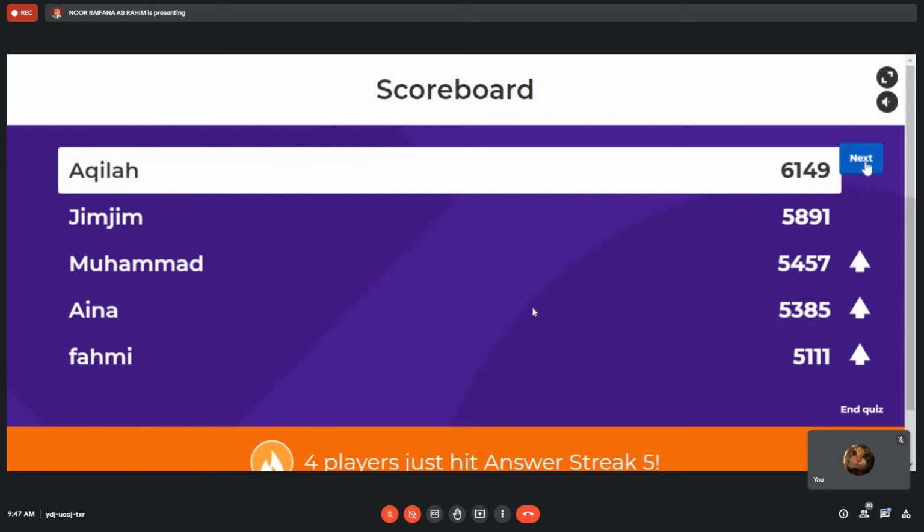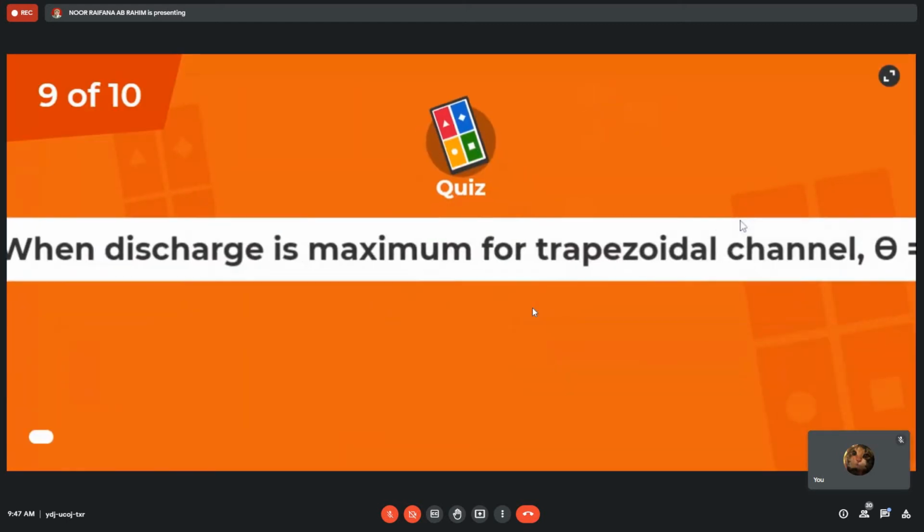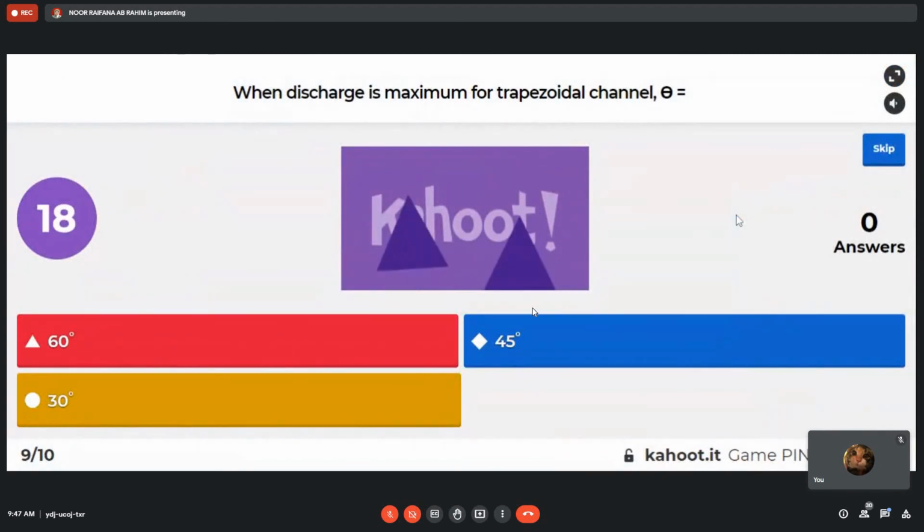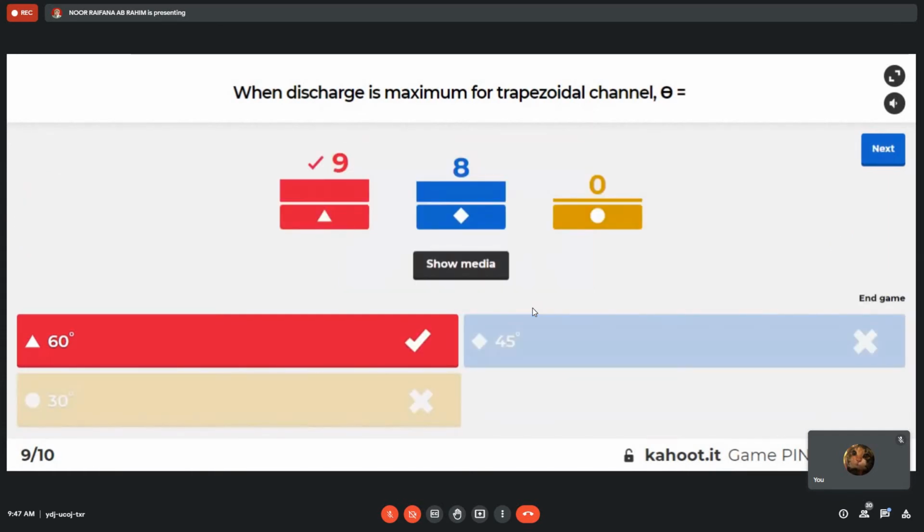Okay, Akila masih lagi unggul. Okey. Separuh, betul.